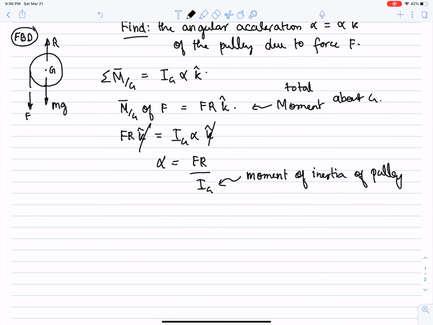The formula for IG for a uniform disc is m r squared by 2.